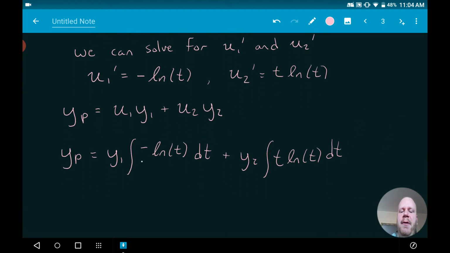But more generally, we find out that this is always going to be y2 times g of t divided by the Wronskian, and this is always going to be y1 times g divided by the Wronskian.